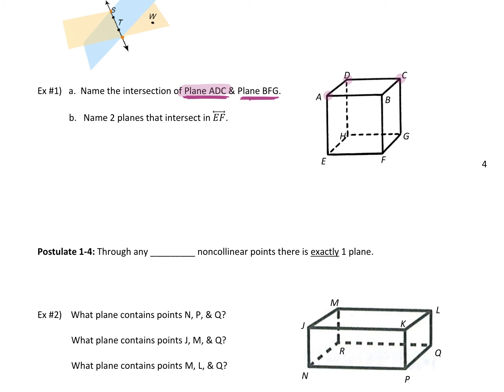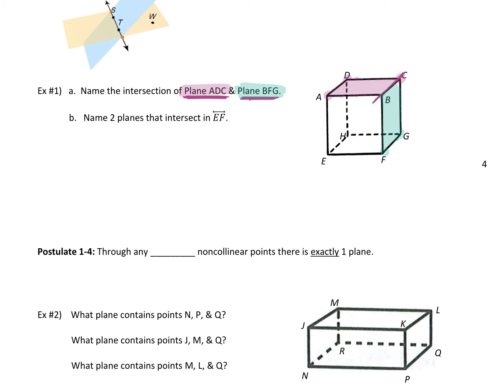The top, right? That's our top plane. So that's this plane right here. Plane BFG has B and F and G. Which plane is that? Right. The right side. So you're looking for where does the top meet the right? It's two planes, so it's going to be a line for your answer.